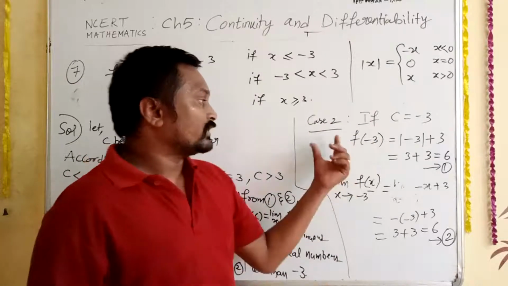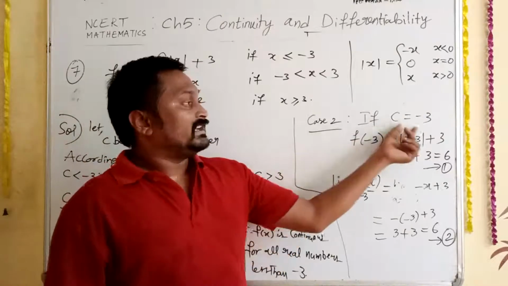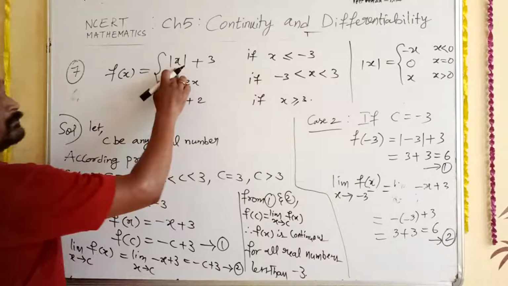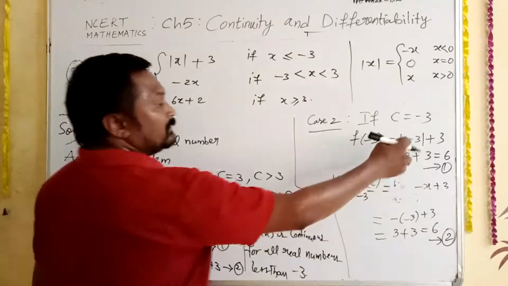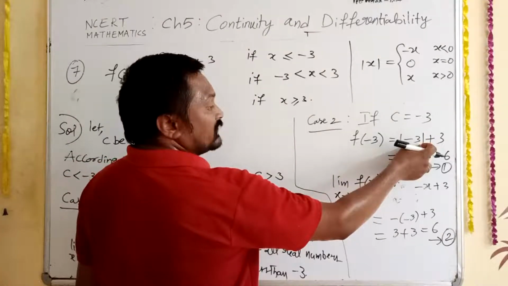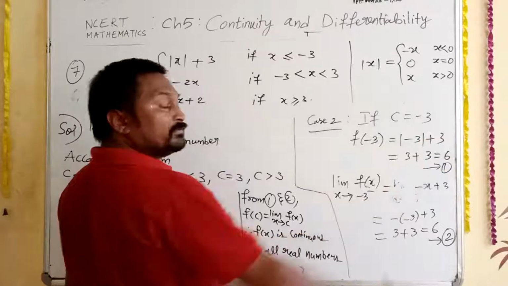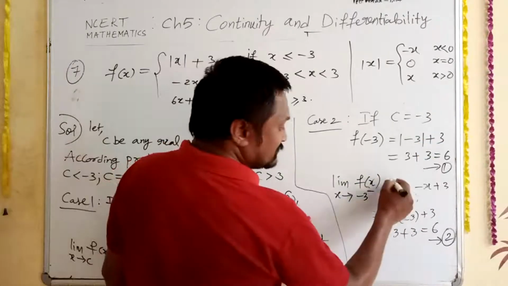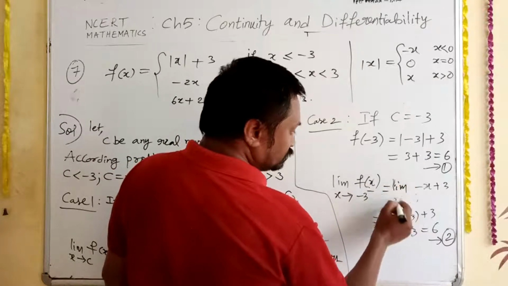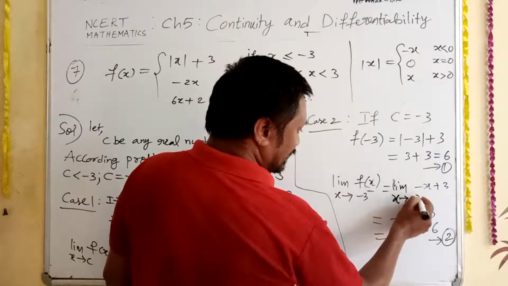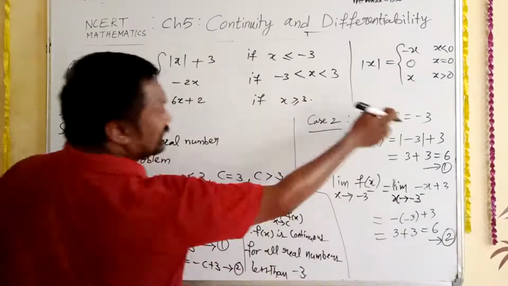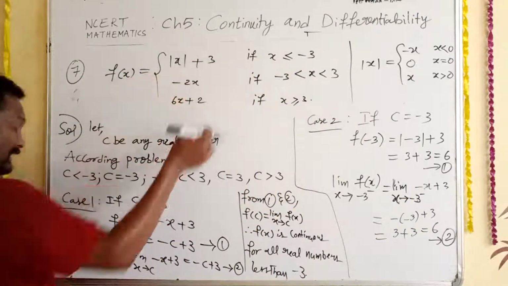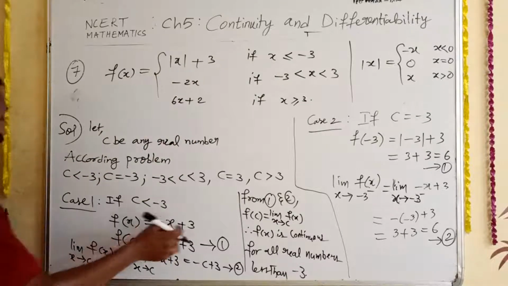Okay. So case number 2: if c is equal to minus 3, then what is modulus of x plus 3? It is modulus of minus 3 plus 3, and the modulus of minus 3 is nothing but 3. So 3 plus 3 is nothing but 6. Then the limit as x tends to minus 3 from the left: when x is less than minus 3, modulus x plus 3 is nothing but minus x plus 3.